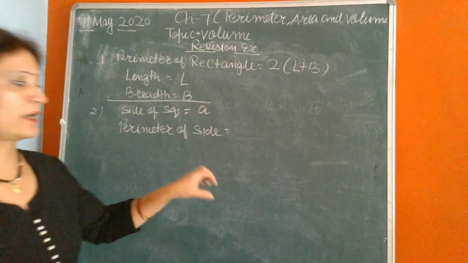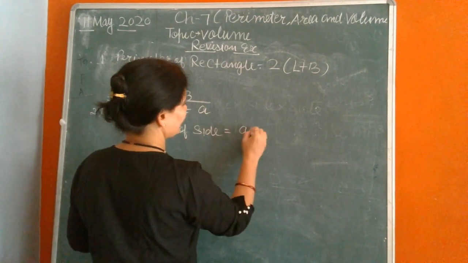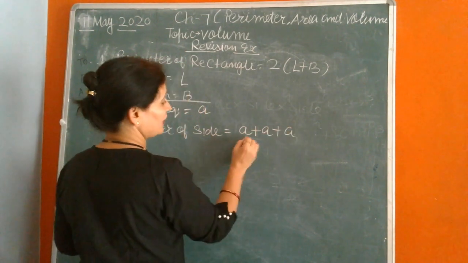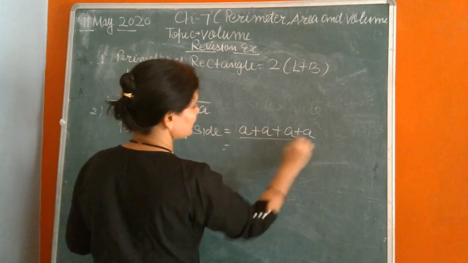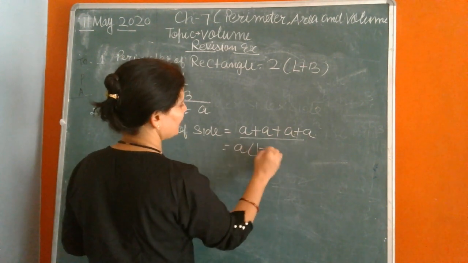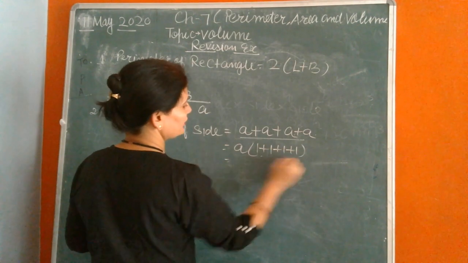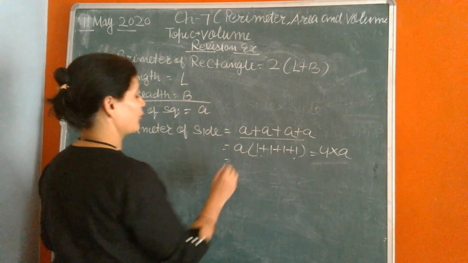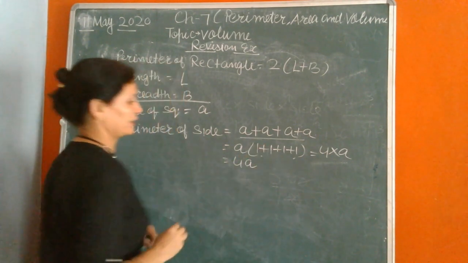Because a square has 4 equal sides, we write A plus A plus A plus A, A is 4 times. So A is common, 1 plus 1 plus 1 plus 1, 4 times 1, so 4 into A is the formula of the perimeter of the square.